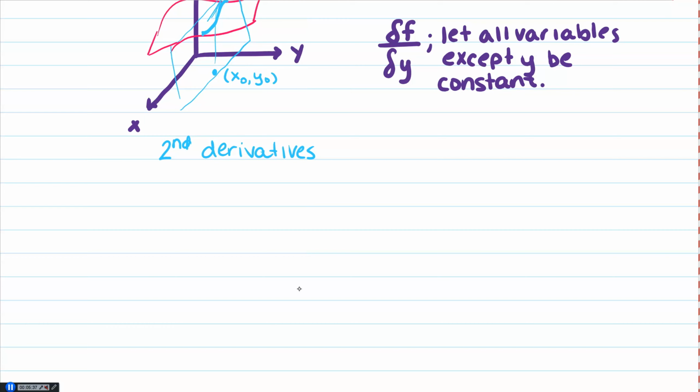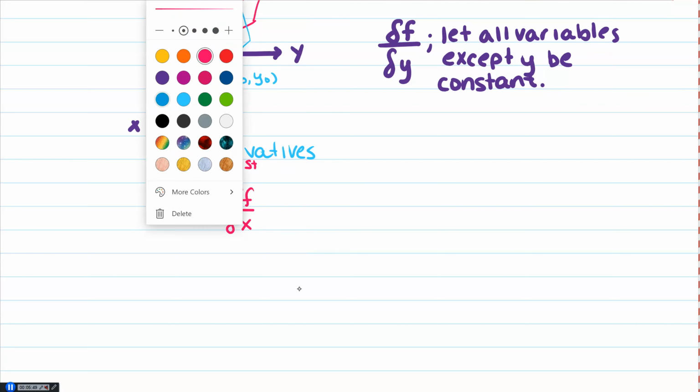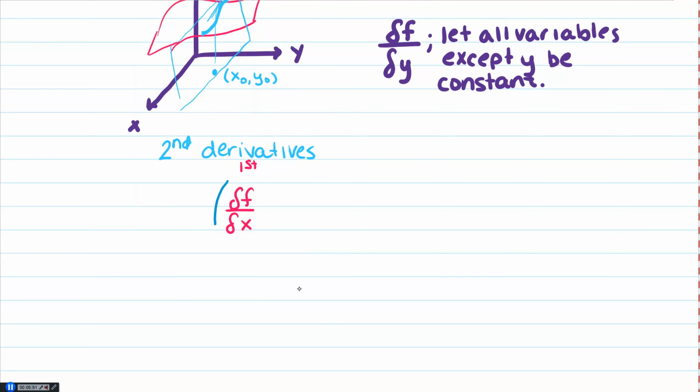So let's say I wanted to do df dx, so I want to take the partial derivative of the function with respect to x first, and then after I do that, I want to take the partial derivative of this thing with respect to x again.